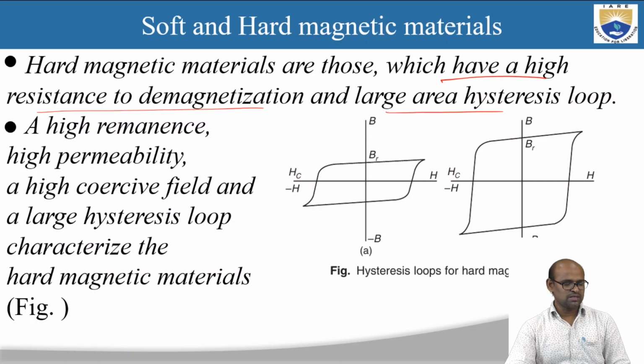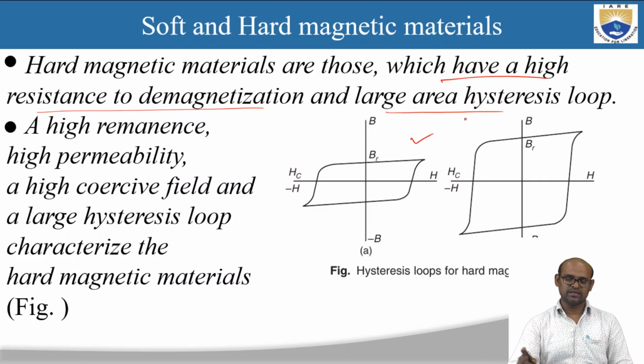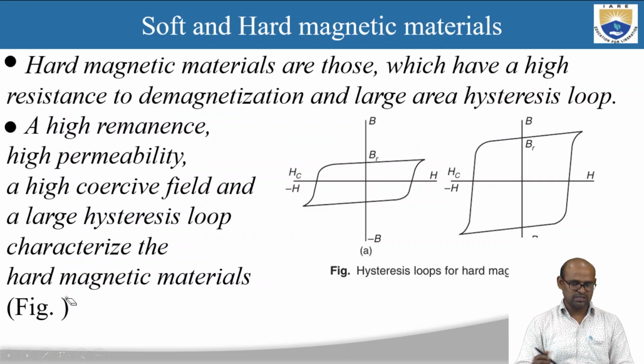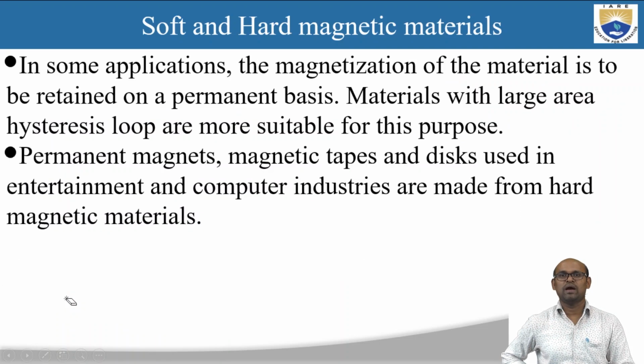A high remanence, high permeability, high coercive field and large hysteresis loop characterize hard magnetic materials. So these are the hysteresis loops for hard magnetic materials. Hard magnetic materials have a large-area hysteresis loop, whereas soft magnetic materials have a thin-area hysteresis loop.